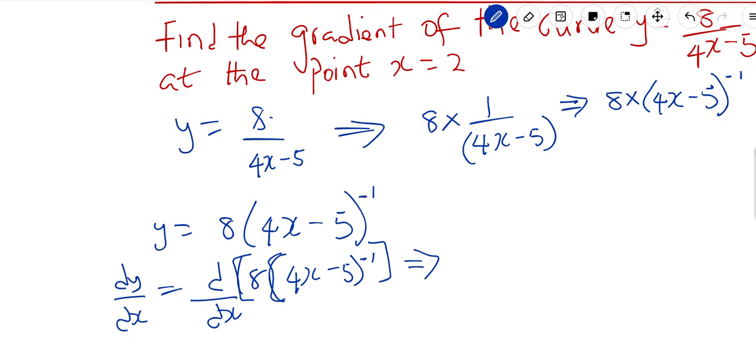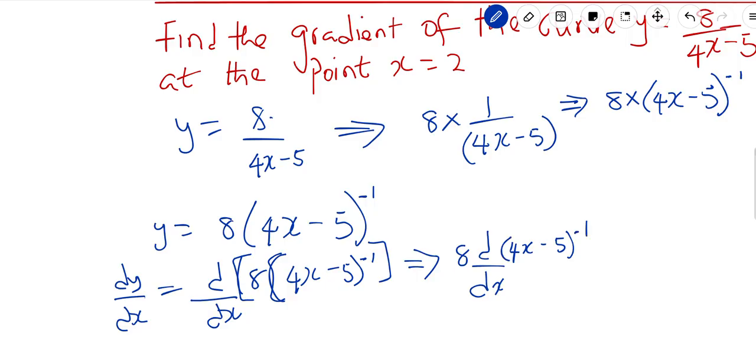I'm going to bring out the constant, which is 8, and differentiate (4x minus 5) to the power of negative 1.